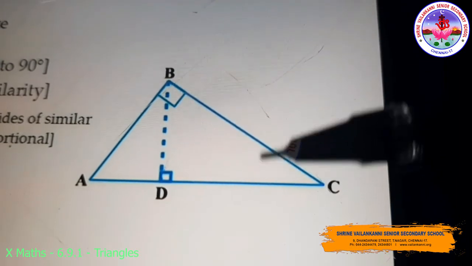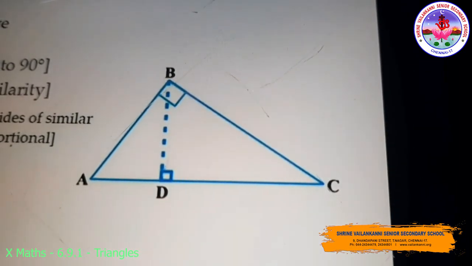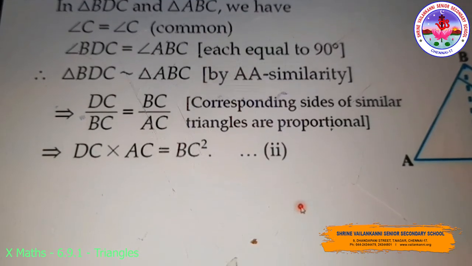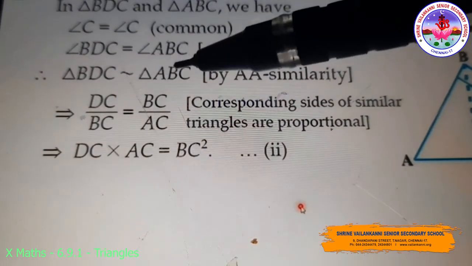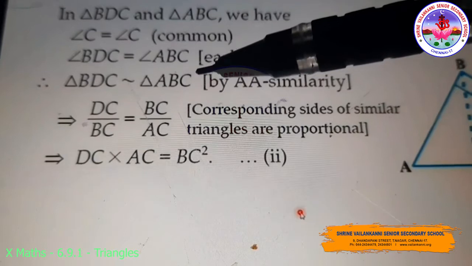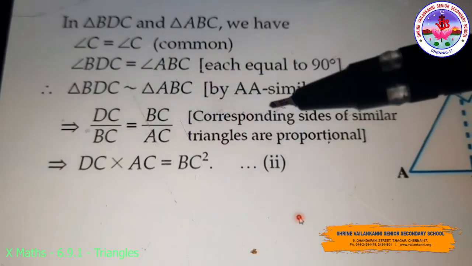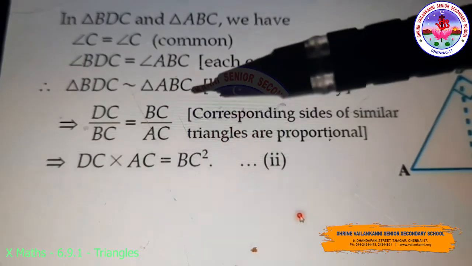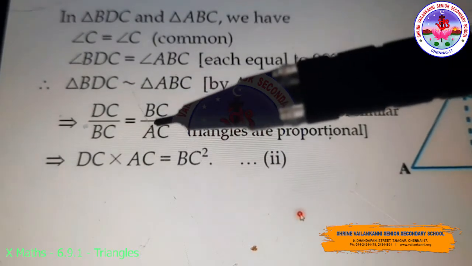So by AA similarity, we get triangle BDC is similar to triangle ABC. Therefore the corresponding sides of these similar triangles are in proportion. So I will get DC by BC is equal to BC by AC.